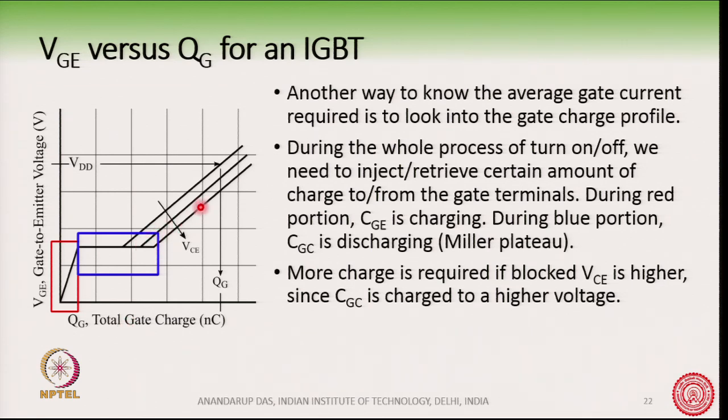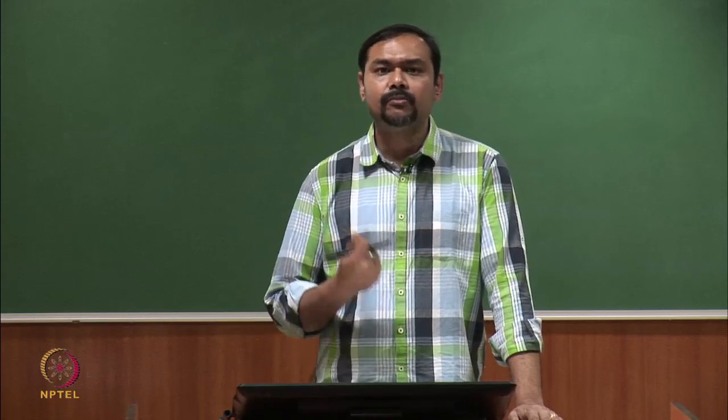You can see here that there are 3 curves shown, and these 3 curves are for different values of VCE, that is the different values of the DC bus voltage. Of course, we can understand that if the DC bus is more, then the gate collector capacitance is also charged more, and hence we will need more charge to discharge this capacitor.